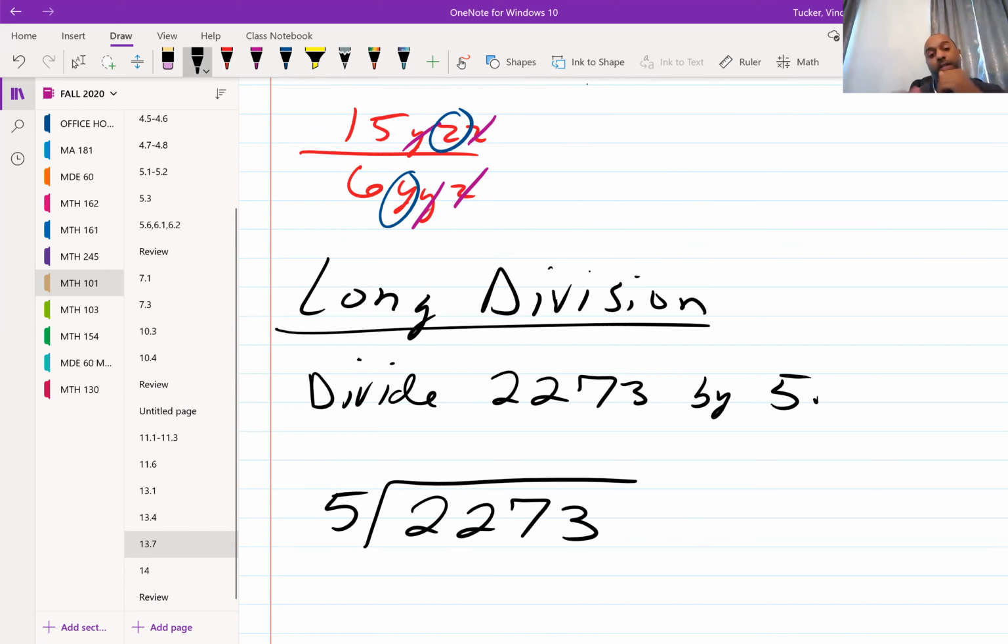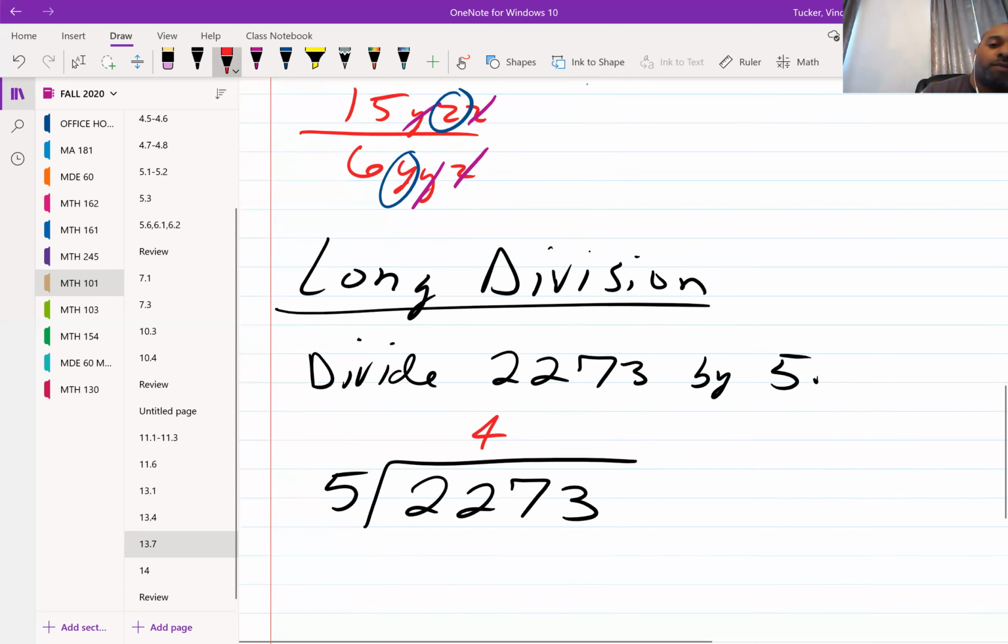And the only reason we're going through this process is because we're going to take this process and use it on our polynomials. So 5 doesn't go into 2, but it goes into 22 4 times.